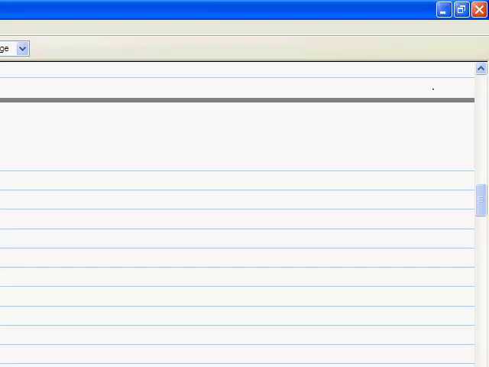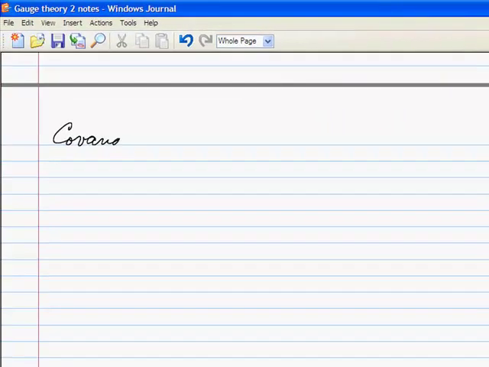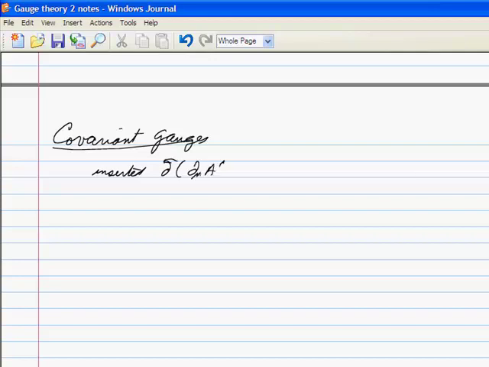All right. Next trick in the book, covariant gauges. We inserted a delta function of d mu A mu minus f.